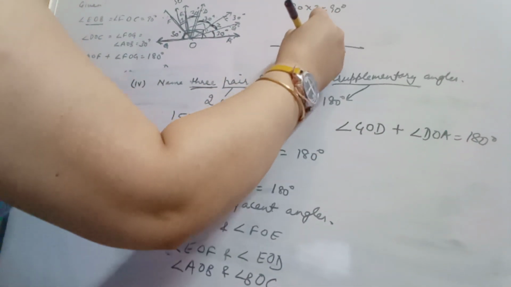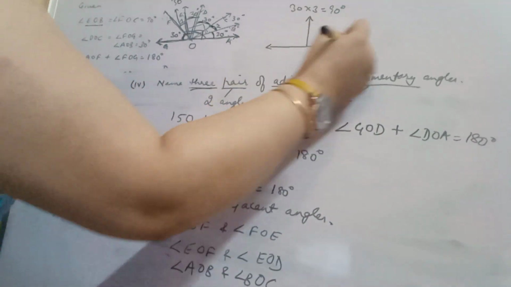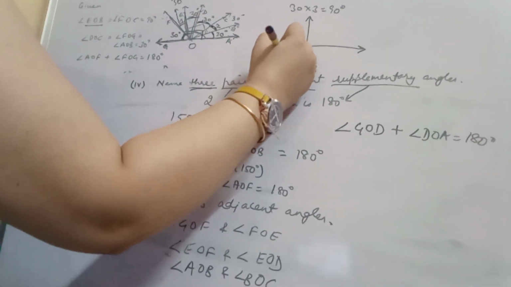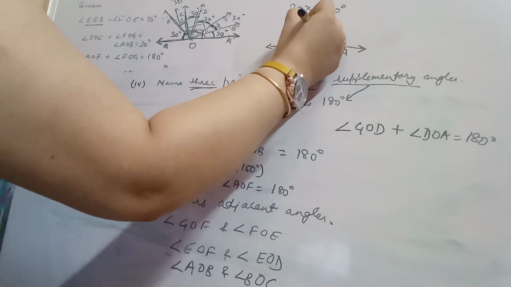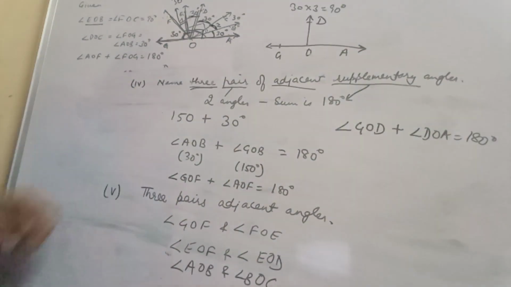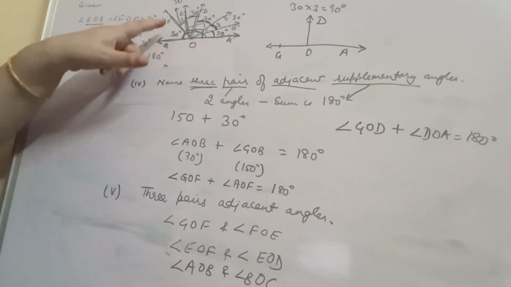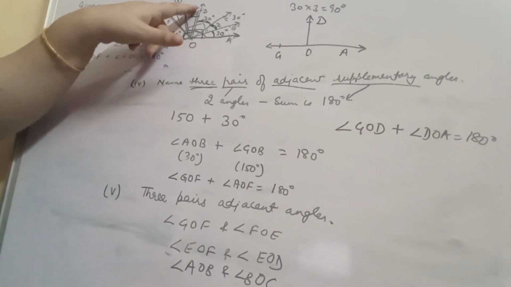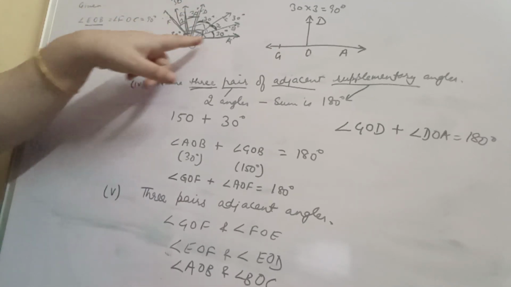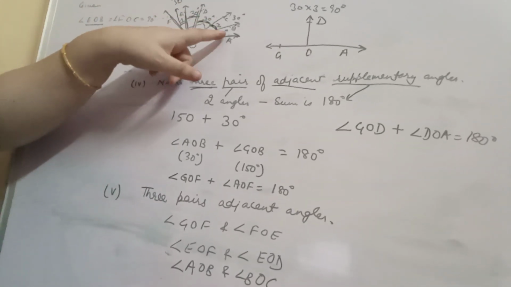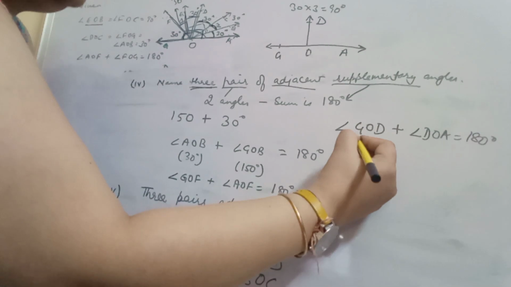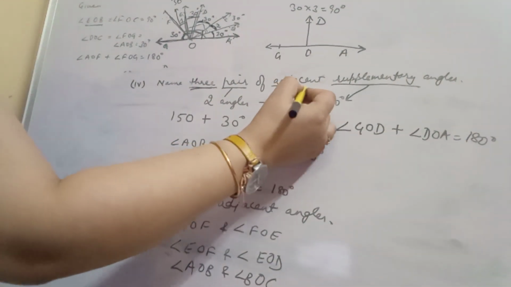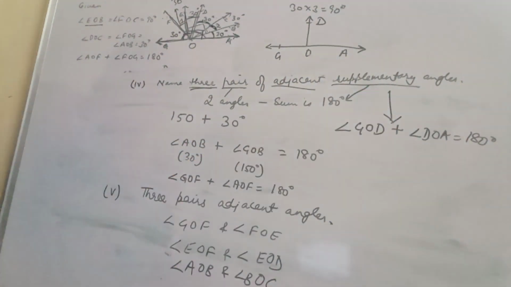See from here, this is GOA and this D, because DOG is 30 plus 30 plus 30, which is 90, and here also DOA is 30 plus 30 plus 30, which is 90. So one more pair of adjacent supplementary angles is GOD plus DOA, that is 180 degree.